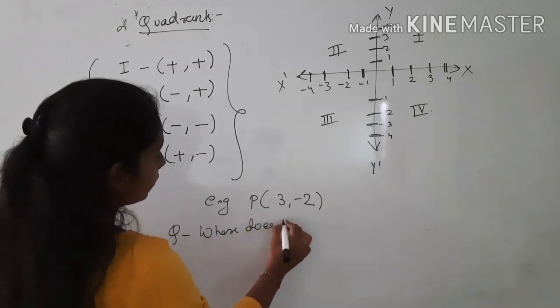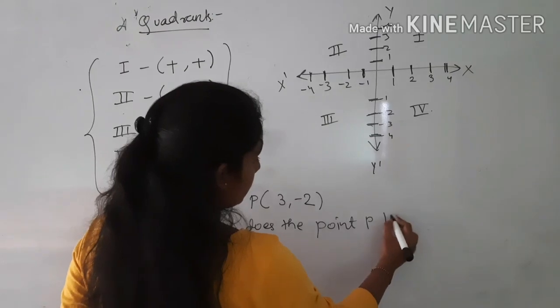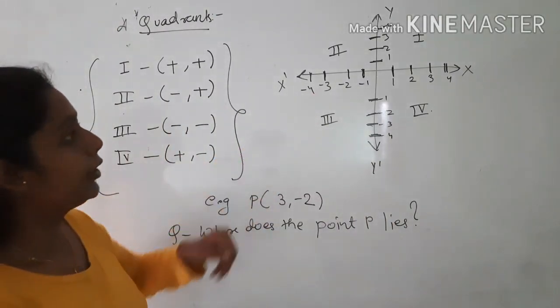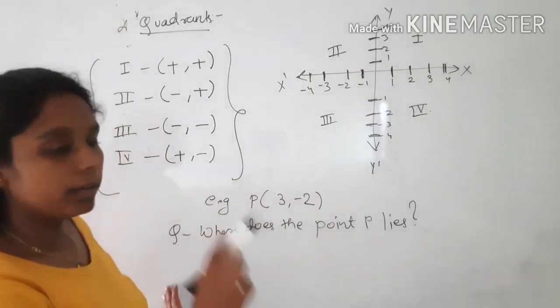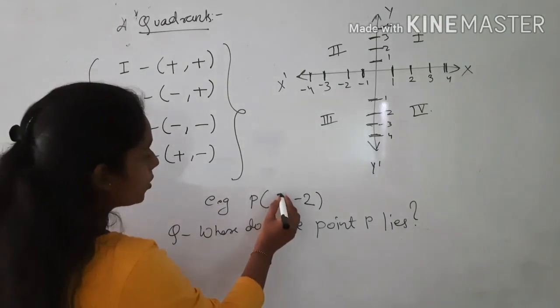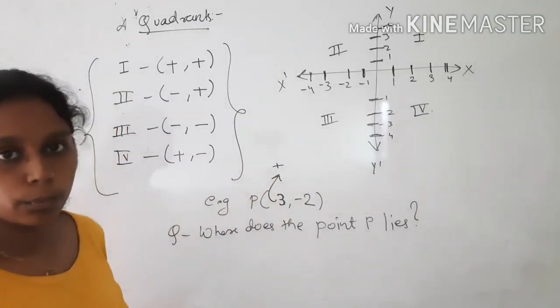and the question is, where does the point P lie? You could start plotting the point on the graph, then see where the intersection point is and recognize where the point lies. But the easiest way to recognize is to just see the sign. What is the sign for 3? That is positive.